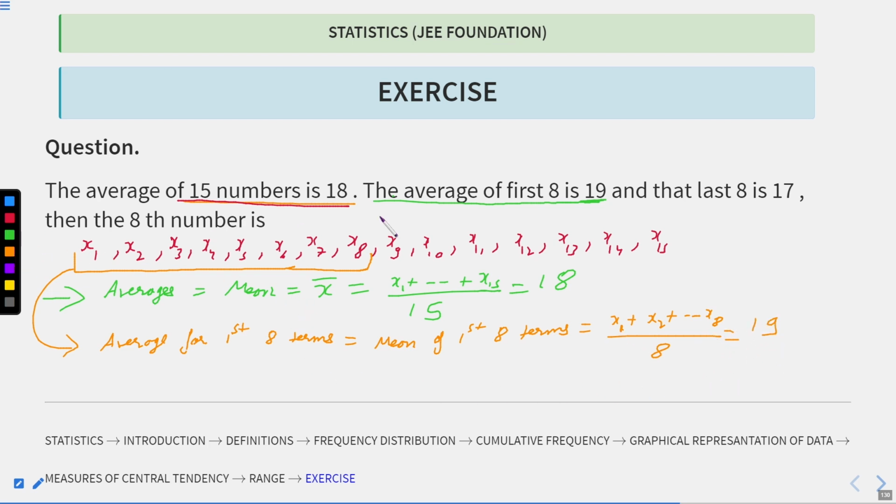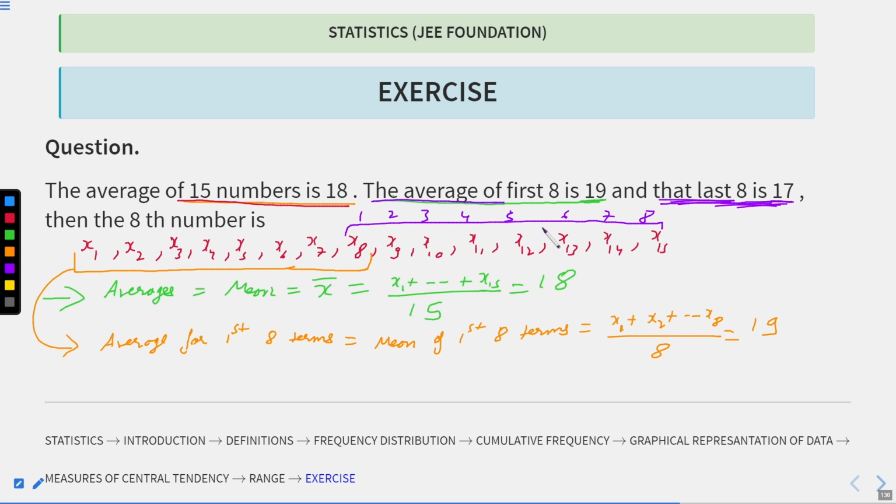Now the average of the last 8 terms is given to me as 17. The last 8 terms are these: 1, 2, 3, 4, 5, 6, 7, 8.